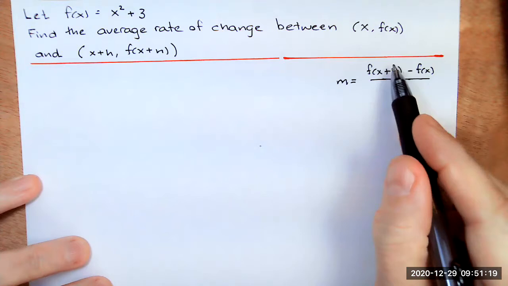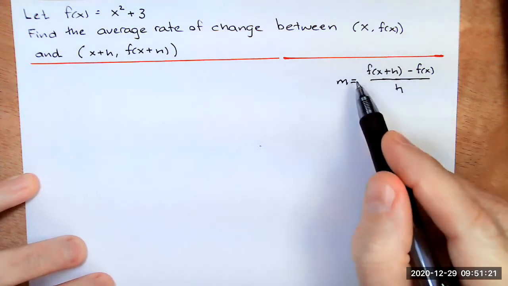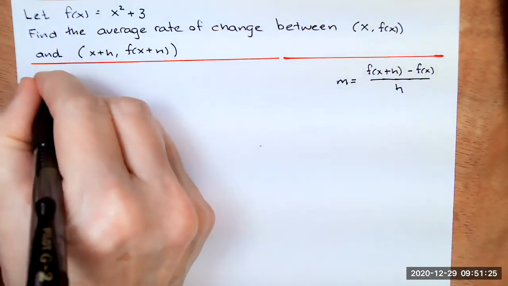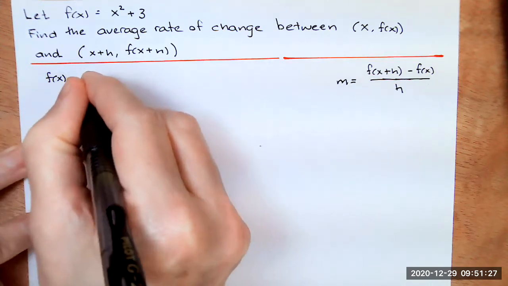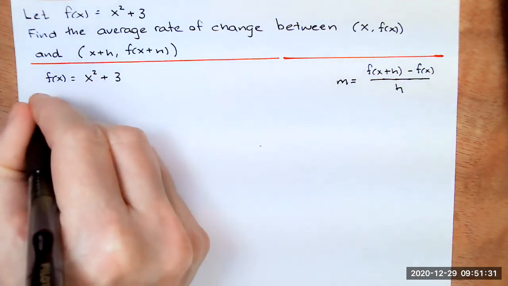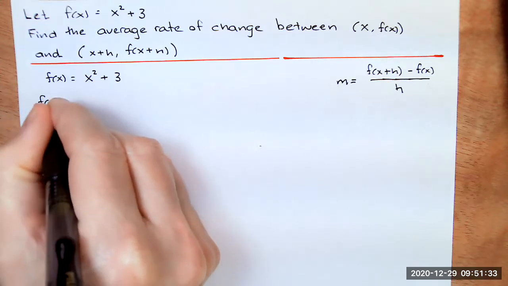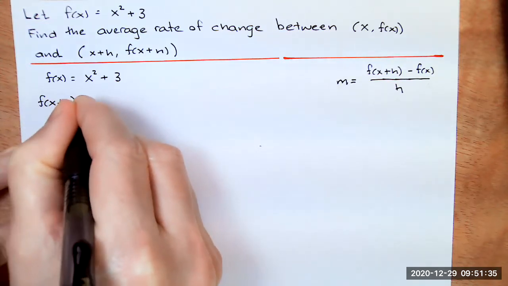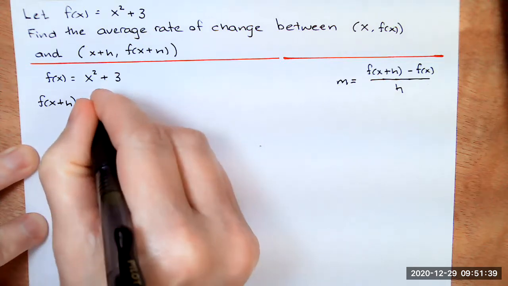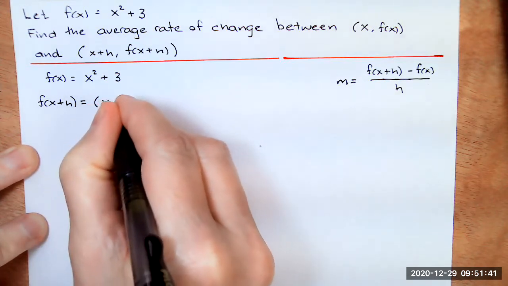All right, so this is our average rate of change formula. So f of x is just x squared plus 3. To find f of x plus h, we just put x plus h where you see x.